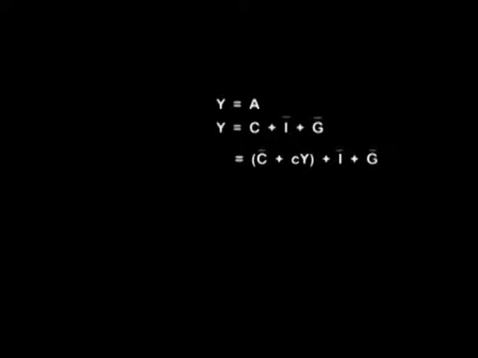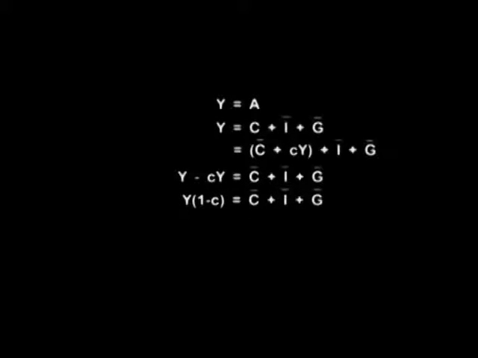We bring the elements that are related to income, or y, over to the left-hand side of the equation and take out the common element y, leaving us with y into 1 minus c on the left-hand side. All that remains is to divide by 1 minus c on both sides of the equation so that y remains on the left-hand side.